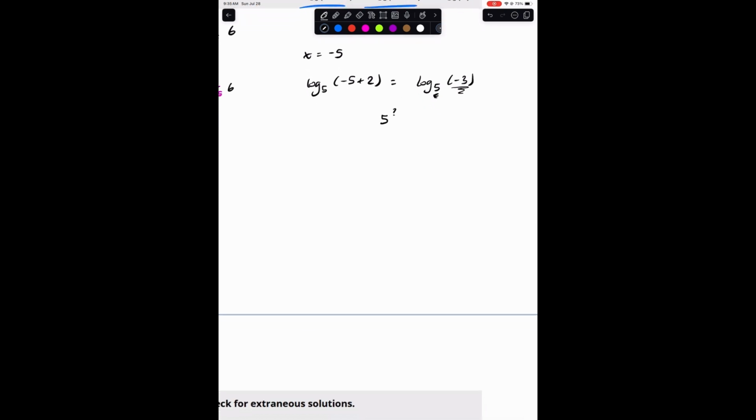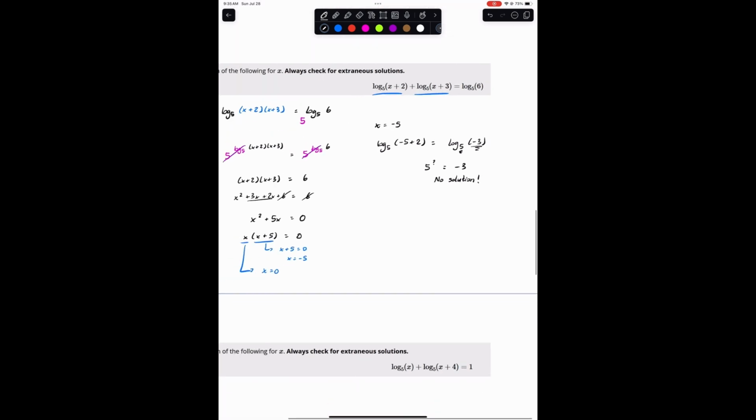When you try to solve this, there's no solution. Like I said, no matter how many times you multiply a positive number by itself, it's all positive. So you only get a positive answer. There's no amount of times you can multiply 5 by itself to get a negative answer. So x equals negative 5 is actually an invalid solution.